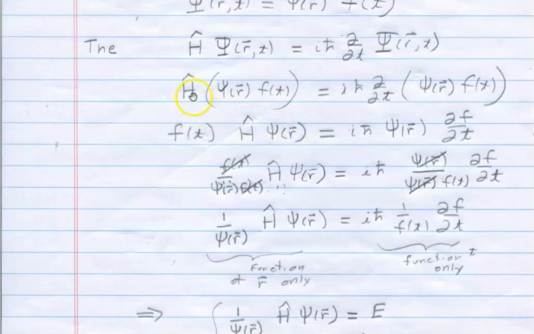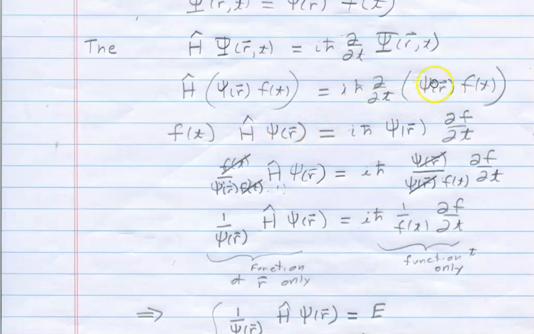and then pretty clearly, if the potential does not depend on t explicitly, then this operator doesn't operate on anything in the t area, and so I can pull this function f of t all the way through it. So it's just this Hamiltonian operator, which depends only on the x, y, z coordinates, operating on the wave function.